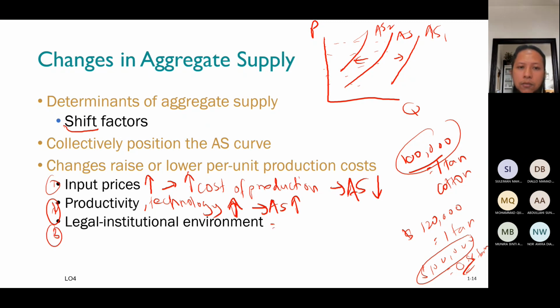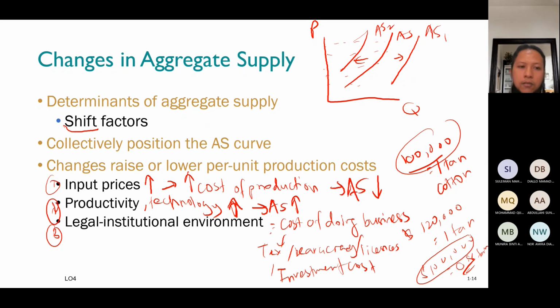So this is related to the cost of doing business. Either you can say tax or bureaucracy, and then in terms of licenses, in terms of investment costs.